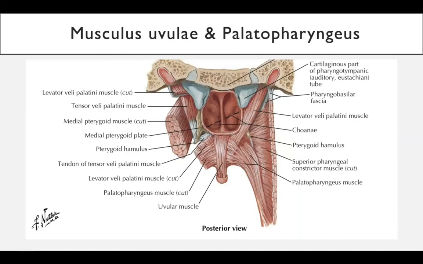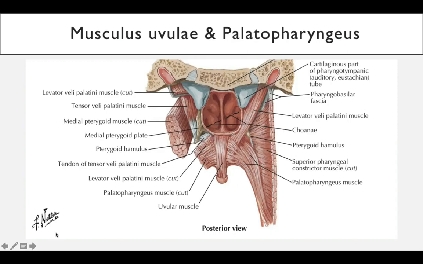It is enclosed by the palatine aponeurosis, which is not shown here, right? And lateral to that is palatopharyngeus. Oh, now I understand why you are together, because the median margin here is making the musculus uvulae. You are enclosed by the palatine aponeurosis, and from the lateral side palatopharyngeus is coming out. Oh, that's why you're together. Okay, now we remember you.